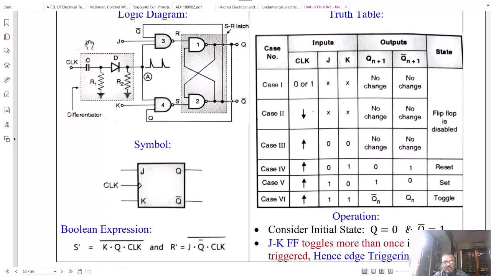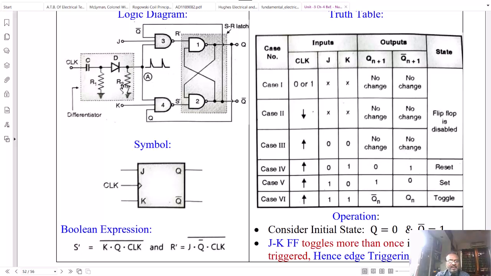The truth table and symbol of the JK flip-flop are shown. Now, if you see here, an additional circuit using a capacitor and resistor with a diode is shown. Here, this capacitor and resistor R1 form a differentiator circuit, which will convert the square wave clock signal into differentiated spikes. So the output of the differentiator circuit has a positive spike at the positive edge and a negative spike at the negative edge.